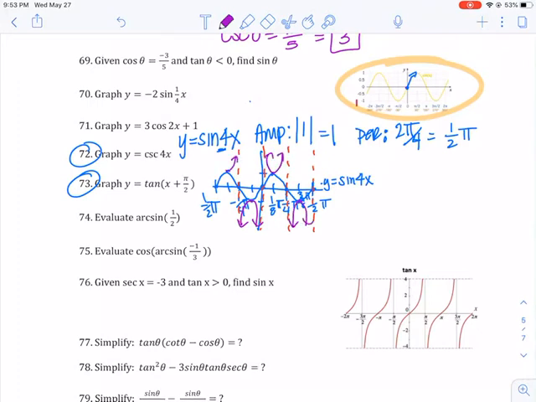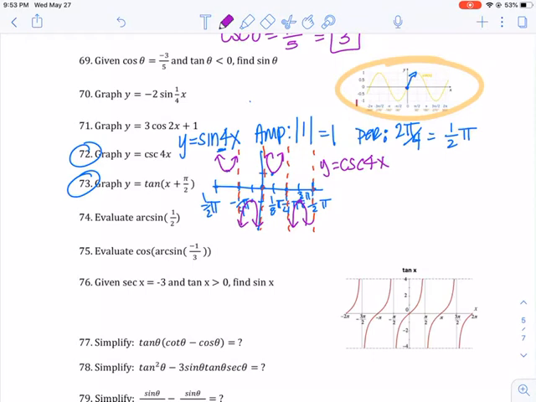Okay, so your cosecant graph is the purple. The blue is not. So I'm going to just erase it so it's not in our way. But there's your graph of cosecant 4x. So start with the reciprocal function first. And so now what we're left with, the purple part, is y equals cosecant 4x.